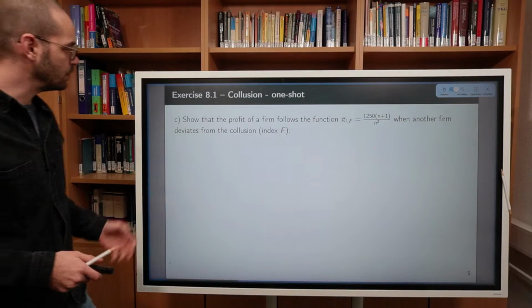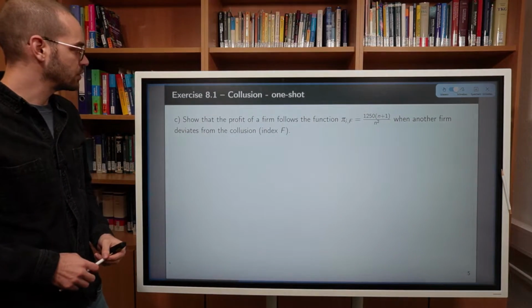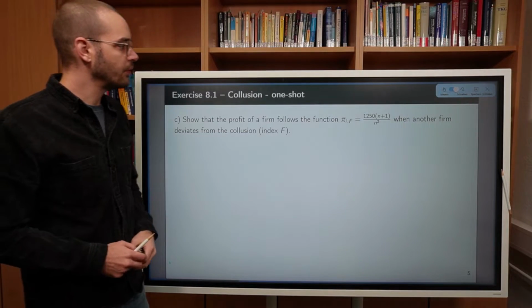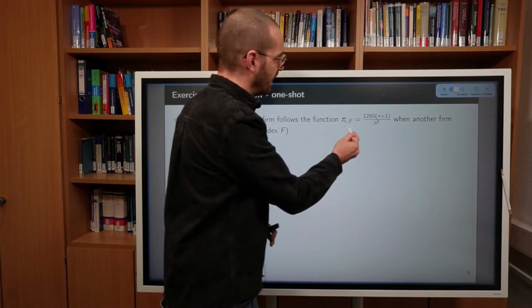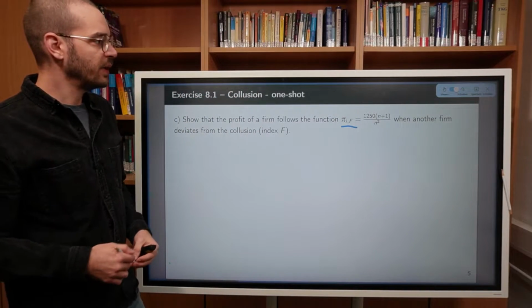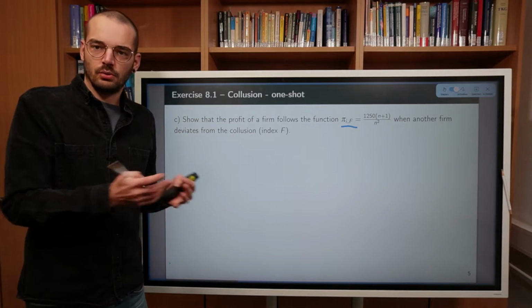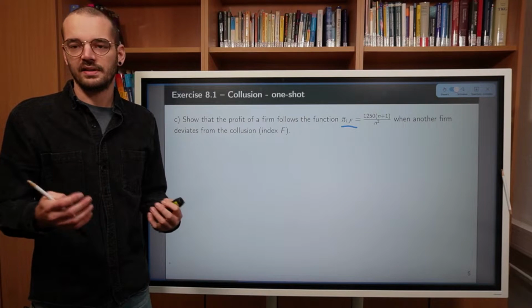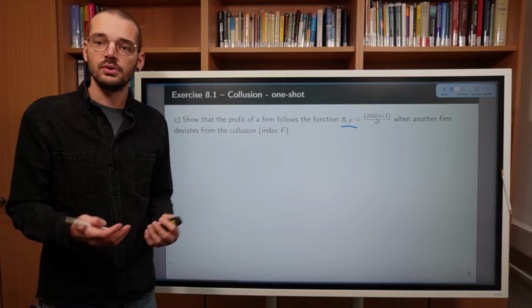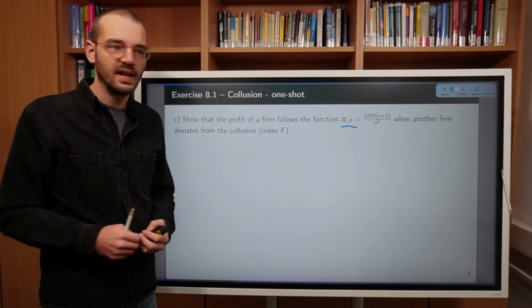Alright, now to task C. In task C, we are asked to show that the profit of a firm follows the function pi if when another firm deviates from the collusion. Right. So in the scenario of collusion, one single firm deviates now from the agreed upon strategy, from the collusive behavior.